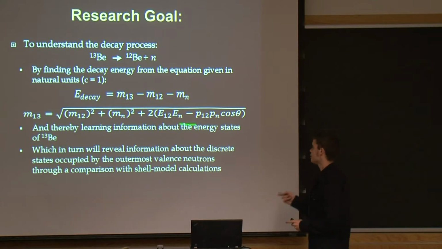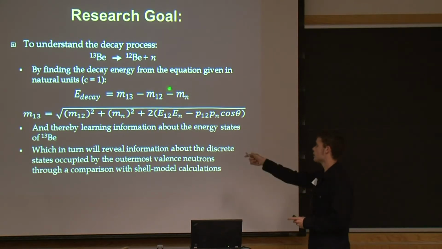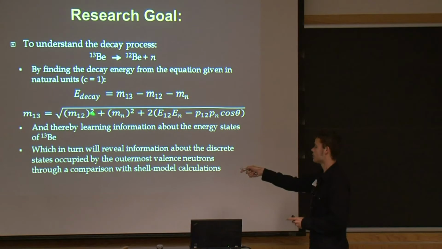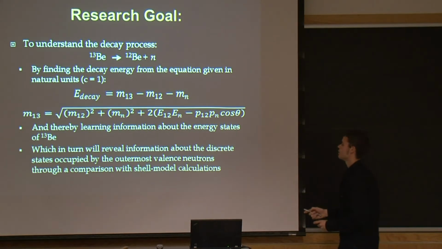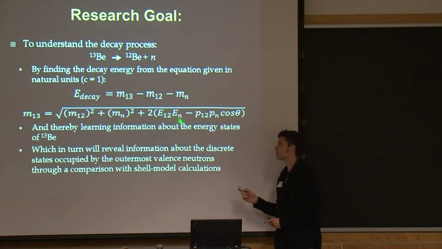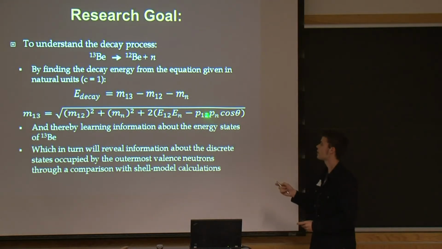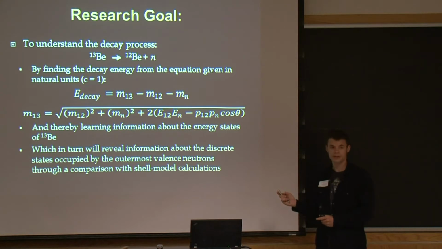That is given by this equation here. Again, we know the masses of the decay particles, beryllium-12, and the neutron it decays into. We need to find the energies of the decay particles, the momenta of the decay particles, and the angle at which the decay particles split apart. So for that, we need position detectors, timing detectors to find the velocity, and scintillators.